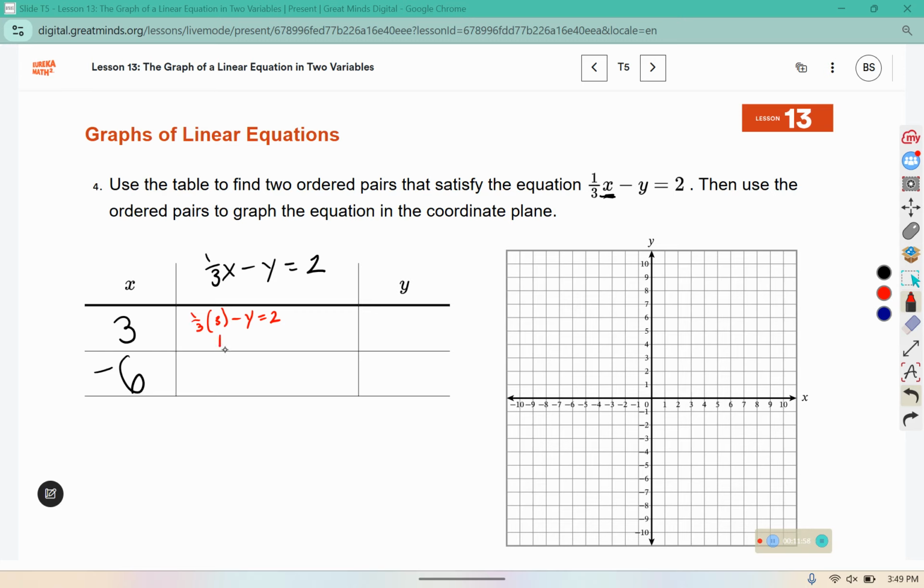So when I do the problem, 1/3 of 3 is 1. Then I can subtract 1. I'm going to move this down here. I'm going to subtract 1 from both sides. That leaves me with negative y equals 1. Then I have to divide by negative 1 to get a regular y, and that equals negative 1.